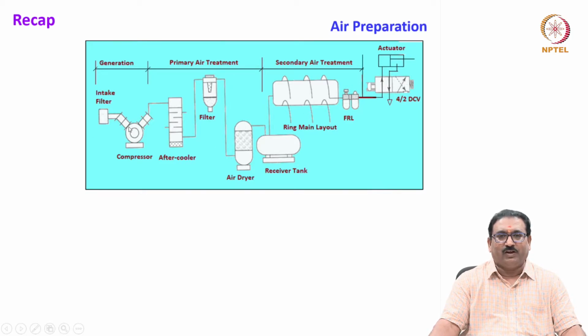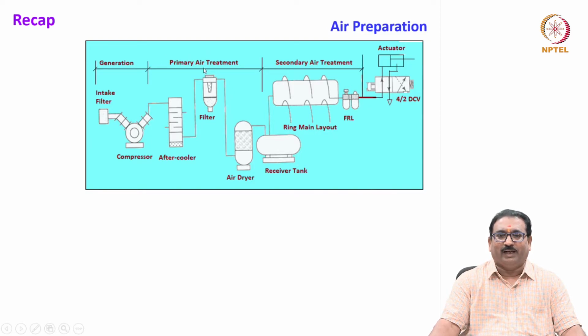Generation, we are using the compressor. The duty of compressor is to suck the air from the atmosphere through the intake filters and compress the air to the required pressure and then transfer to the next process, what we call the primary air treatment.